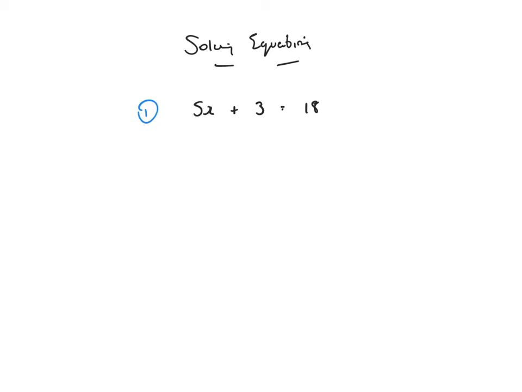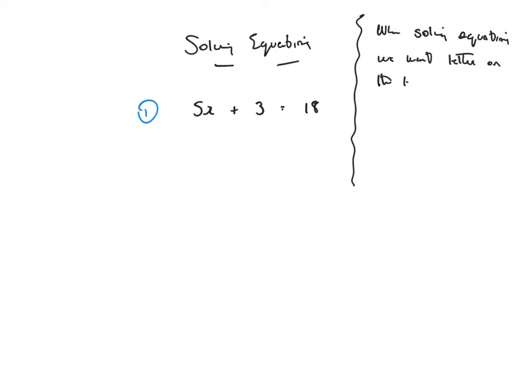Okay, now the important thing to take down with equations, let's take this down as a note actually. When solving equations, we want letters on the left and numbers on the right.